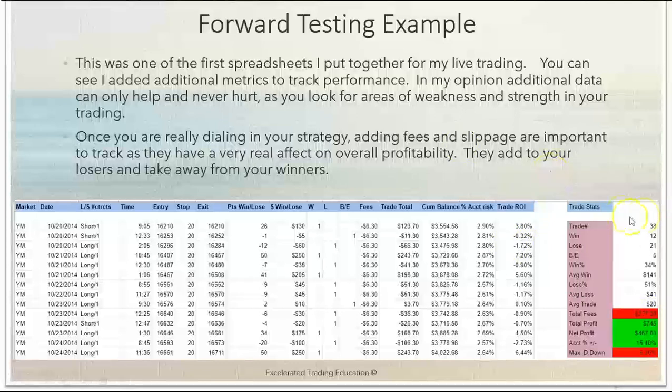So anyways, we track the trade number, how many were wins, how many were losses, how many were break even, or win percentage. That just becomes how many times you won versus how many times you lost. Average win, so you track that, and you track if it was a win, how big that was, right? And then you average that out. Loss percentage, average loss, average trade.